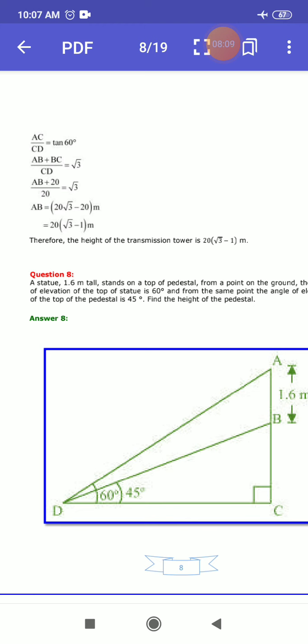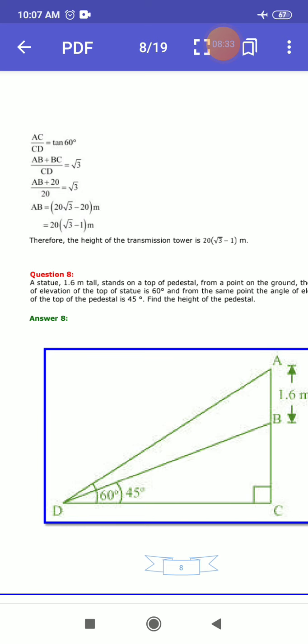Only the figure is able to help you do the question, and if you do not create the figure, then you are not able to do this question. So first of all create a figure, and then do the question, then your answer is 100% correct.